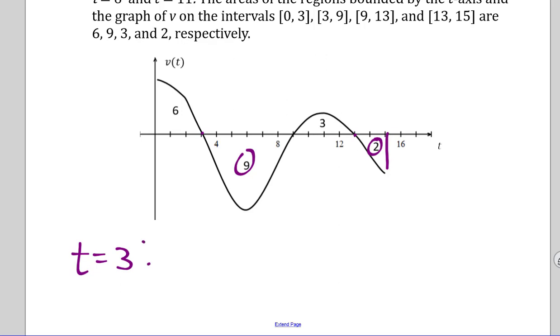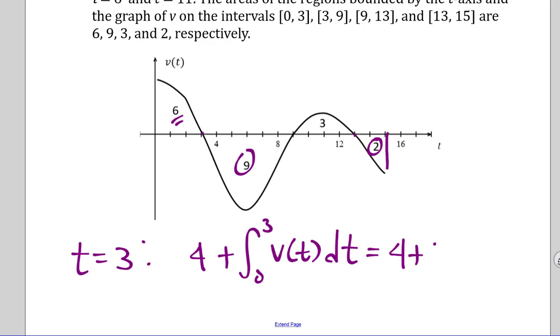At t equals 3, it's going to be 4 plus the integral from 0 to 3 of v of t dt. And we know that the integral from 0 to 3 of v of t dt is just 6. So we get 4 plus 6 equals 10.